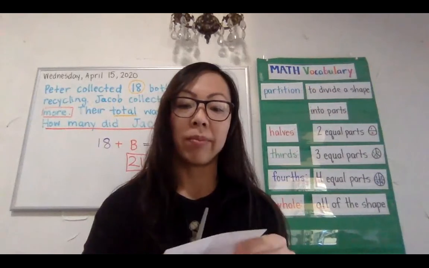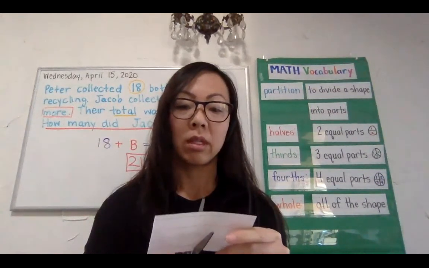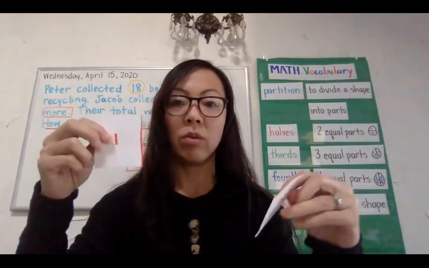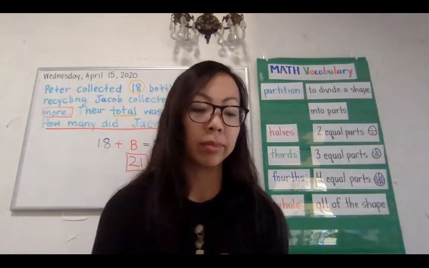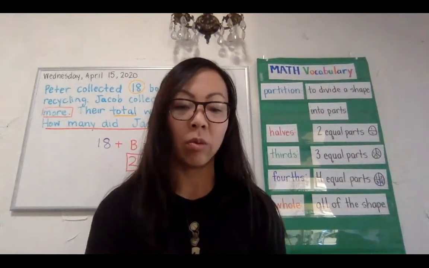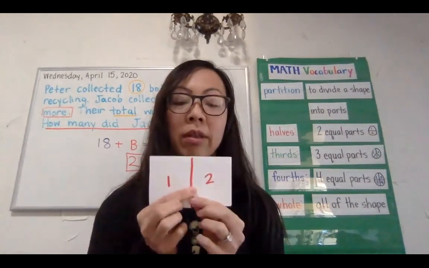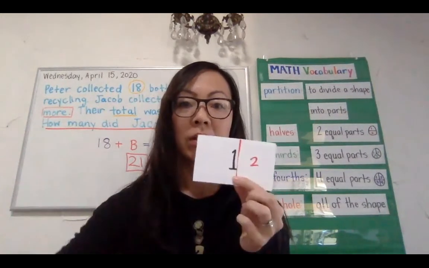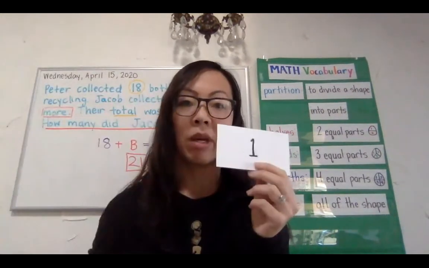Let's take a look at that. 2 equal parts, but they turn back into one whole rectangle. So when I compare them with my whole rectangle, look, they're the same. 1 half, 2 halves, they make one whole.